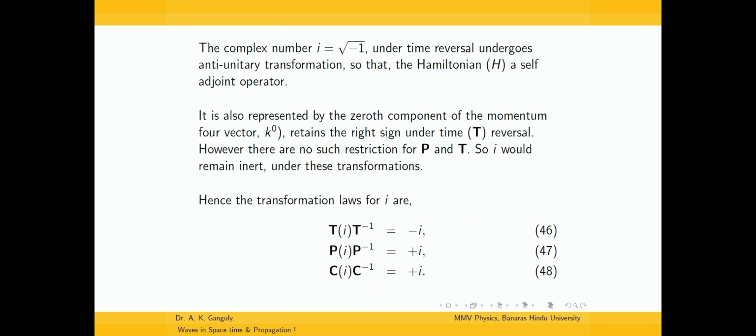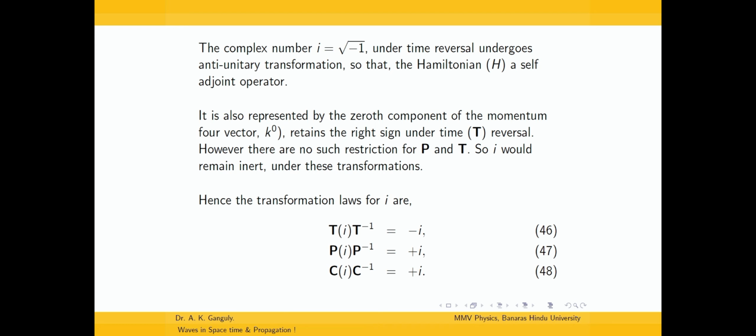So, if the temporal component of the space-time variable reverses its sign under time reversal, then to maintain that the Hamiltonian or k naught should not change demands that this quantity i should change its sign under time reversal operation.